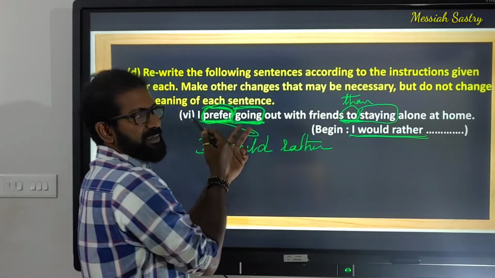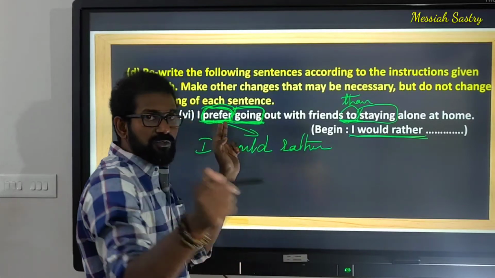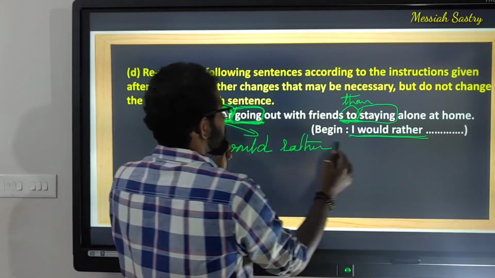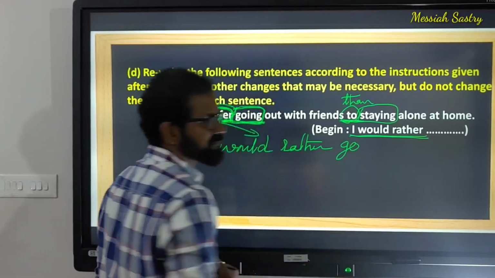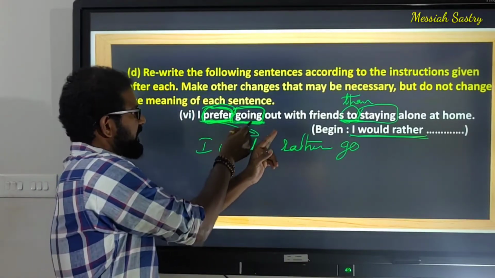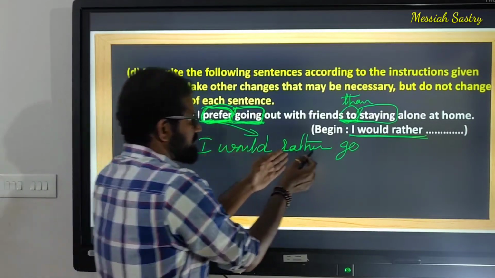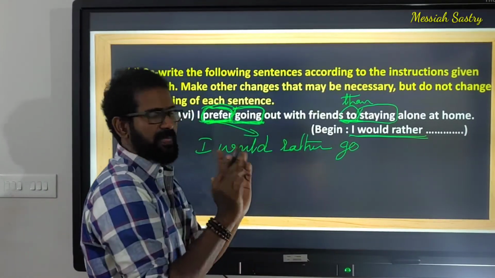After prefer there will be a participle or gerund. After I would rather we use only the base form. The base form is go, not going. Prefer takes only gerund or participle, but would rather takes only the base form of the verb.